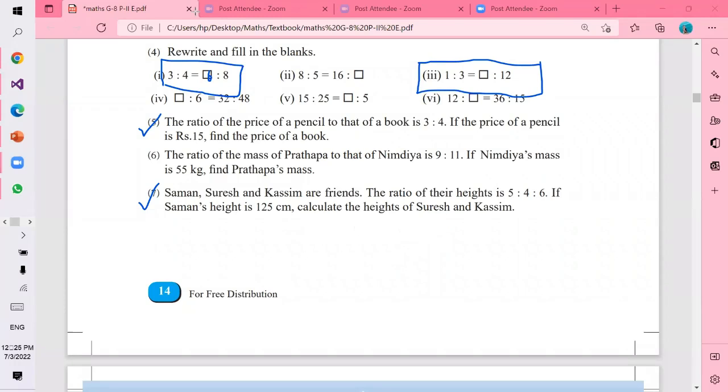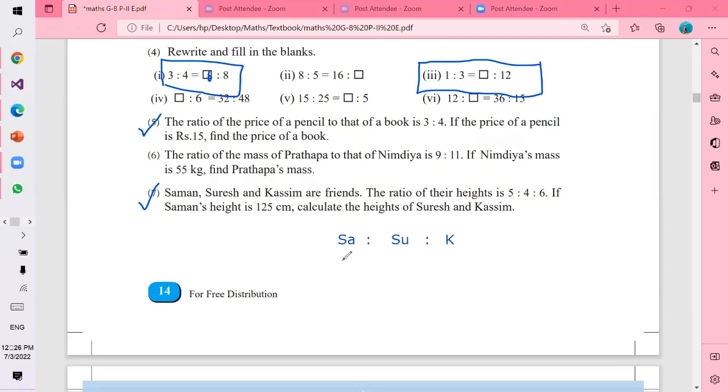So there are 3 friends: Saman, Suresh, and Kasim.